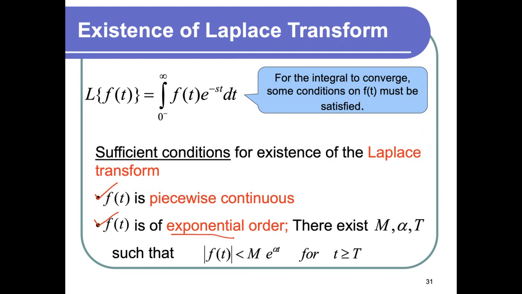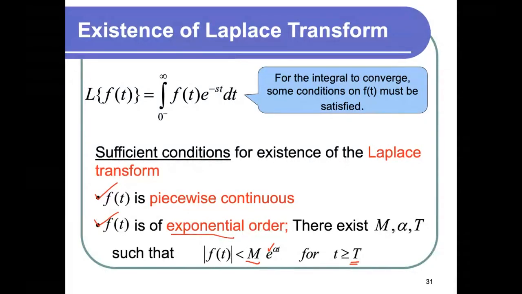Meaning the magnitude of f, you can find an M and alpha as parameters, and also you have to find the corresponding capital T, such that the magnitude of f is less than M e to the power of alpha t, where t is greater than or equal to capital T. Then you know that there is a Laplace transform.